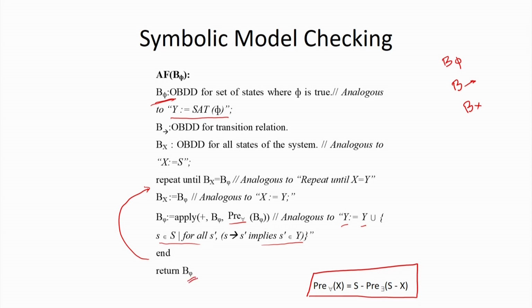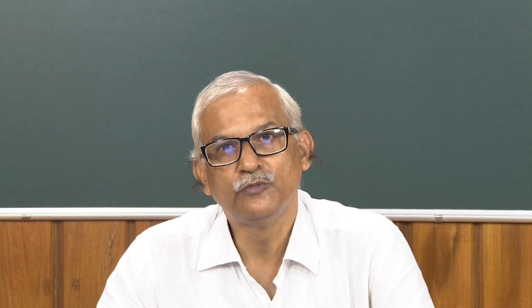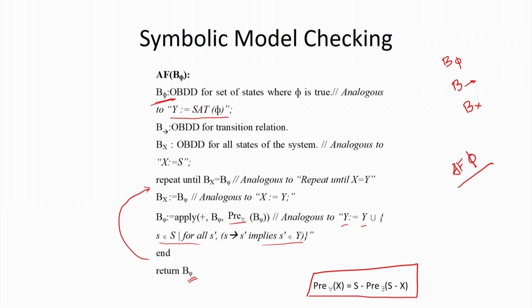Now, B phi is the BDD representation of the set of states where AF phi is true. We are looking for the formula AF phi. So, we get an ordered BDD representation of the set of states where this formula is true. After that, we can use the reduction techniques to get the ROBDD representation of those states. This method returns the set of states where this formula is true, and gives me the BDD representation of that set.